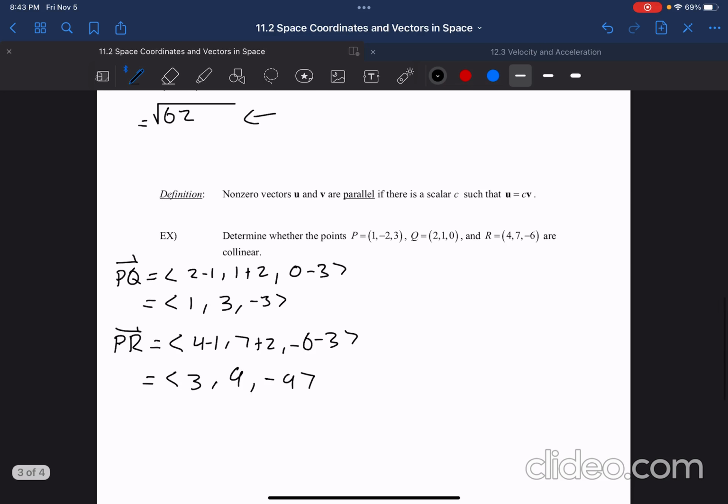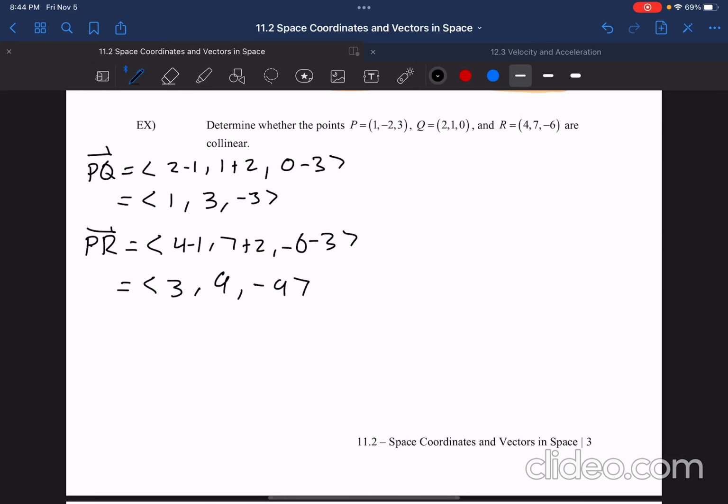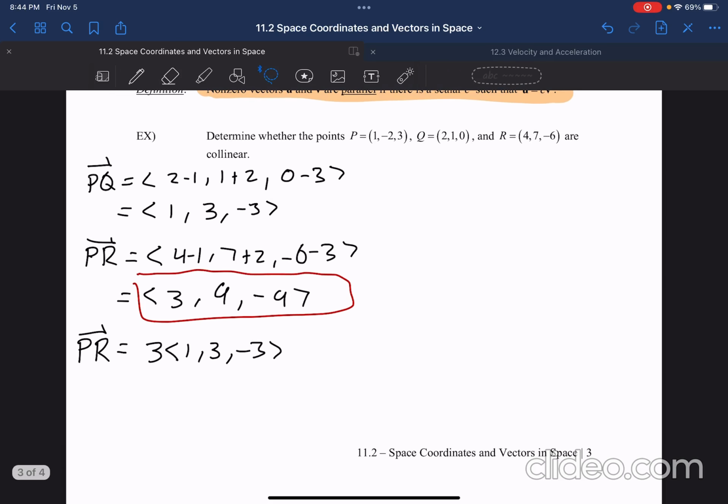Okay, so using this piece of information, we're going to factor this out to determine whether these points are collinear or not. So P to R is equal to 3 times <1, 3, -3>. I just factored this out. I'm going to move the PQ answer down here just so you can see it.